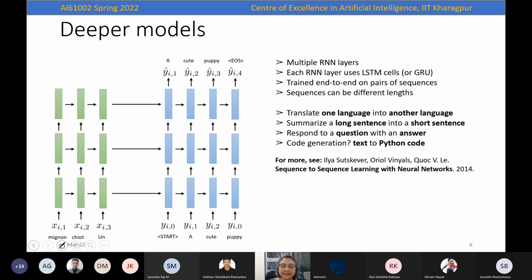For example, text summarization, where the input is a text and the output is another text which is shorter, which is a summary. You can also use this for question answering, where the input is a question and the output is the answer to the question. It can be used for code generation, where the input is a text and the output is code, and so on.